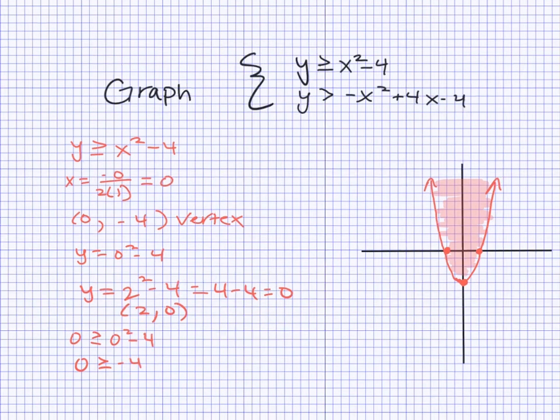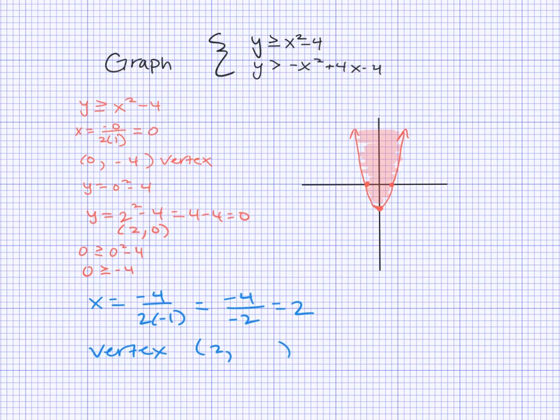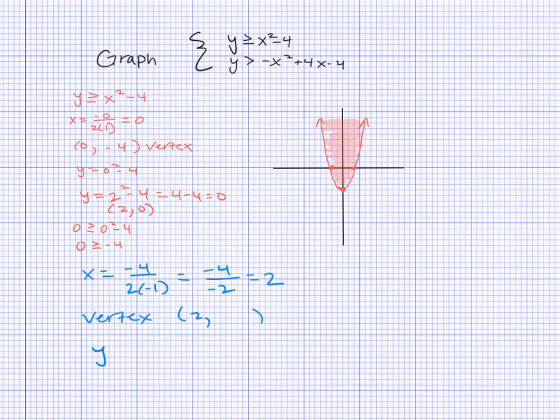And so as I look at that, I'm going to do -b over 2a. And that gives me +2. And so I have the first part of my vertex. And I'm going to plug that in. I see a lot of mistakes with order of operations here.